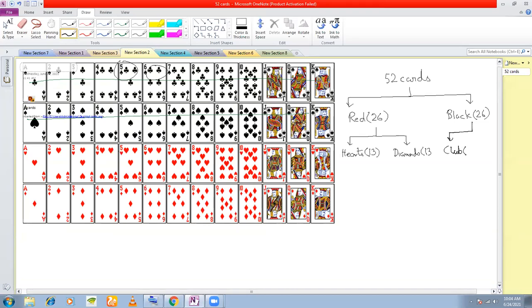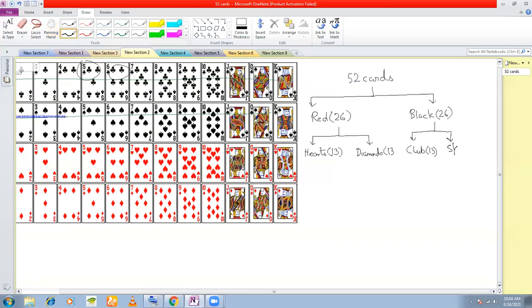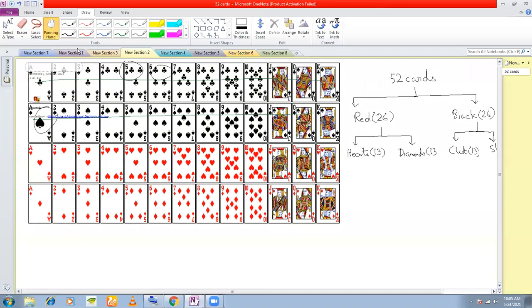This is again 13 cards. And finally, you have the spades. This symbol here is for spade. So you have 13 spades, right?